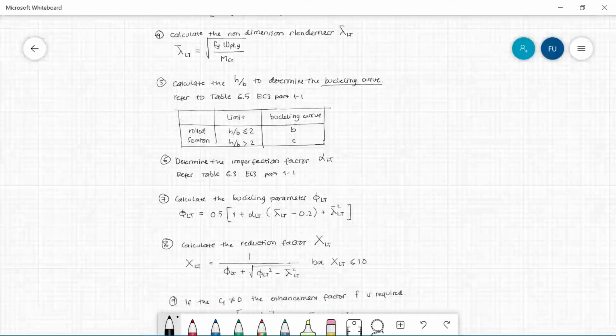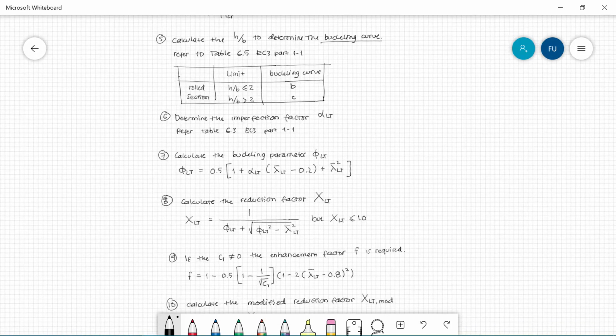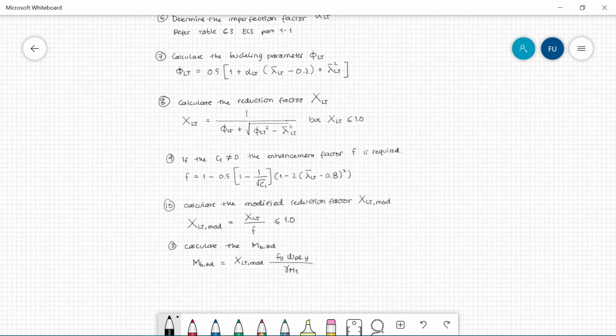So for the rolled section, there are two limits of the h/b, less than or equal to 2, and h/b more than 2. And step number 6 is to determine the imperfection factor alpha LT. Refer to table 6.3 Eurocode 3 part 1-1, followed by calculating the buckling parameter phi LT. And then step number 8, calculate the reduction factor chi LT.